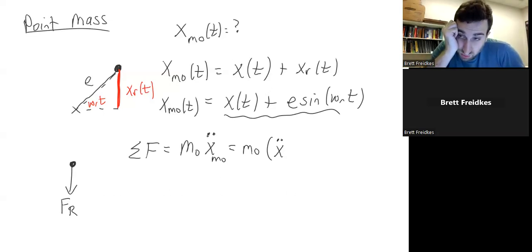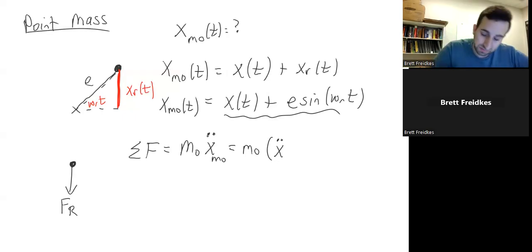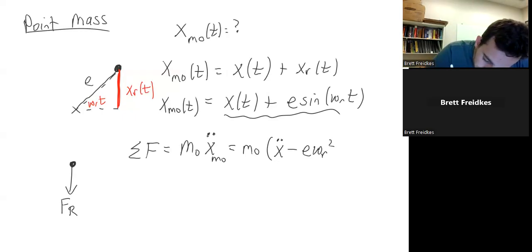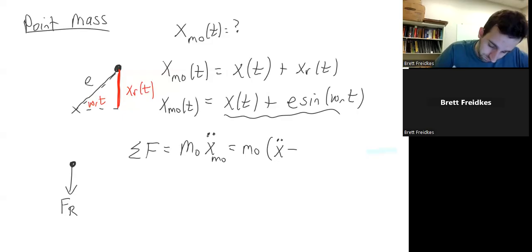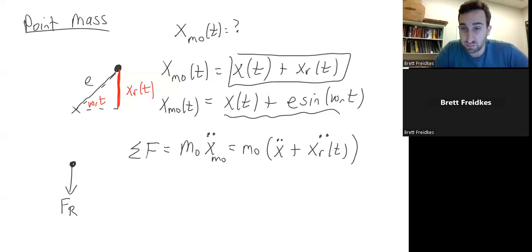The second derivative is e omega squared with a negative sign. So it's minus e omega_r squared sine omega_r t. Actually, maybe just for the sake of keeping the algebra cleaner, I'll try this as x_r of t double dot. The second derivative of that equation is x double dot plus x_r double dot, if I get rid of the t just for simplicity.